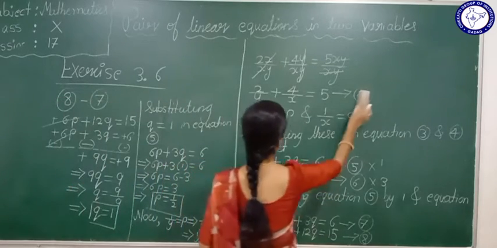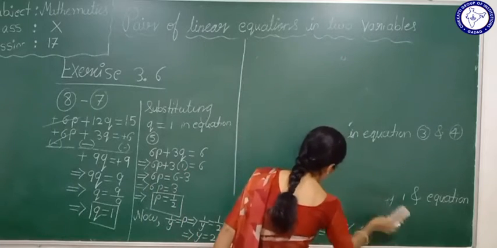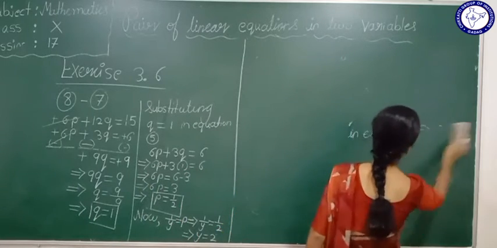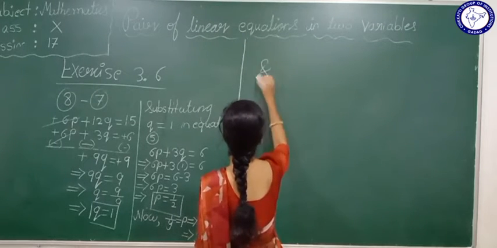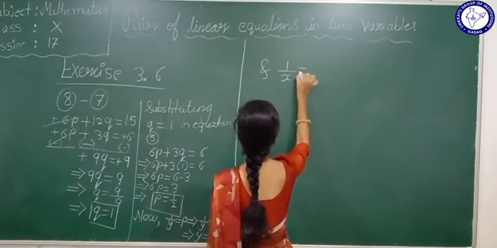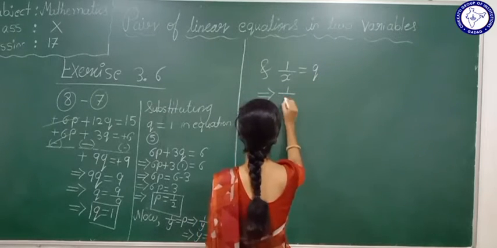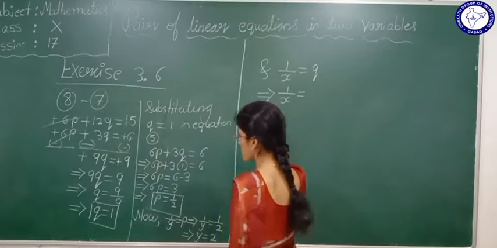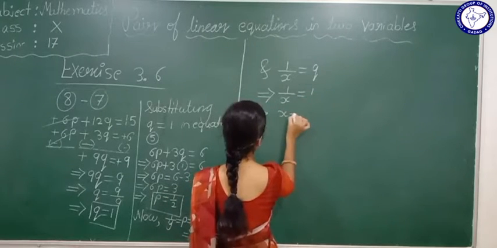So again we have assumed 1 by x is equal to q. So this implies 1 by x is equal to, what is q? q is nothing but 1. So this implies x is equal to 1.